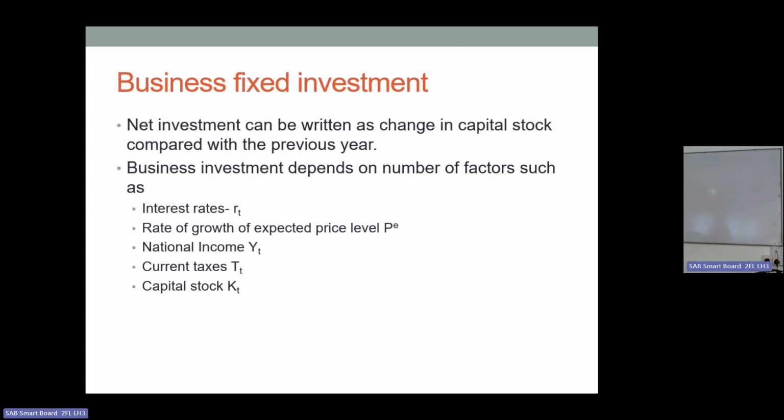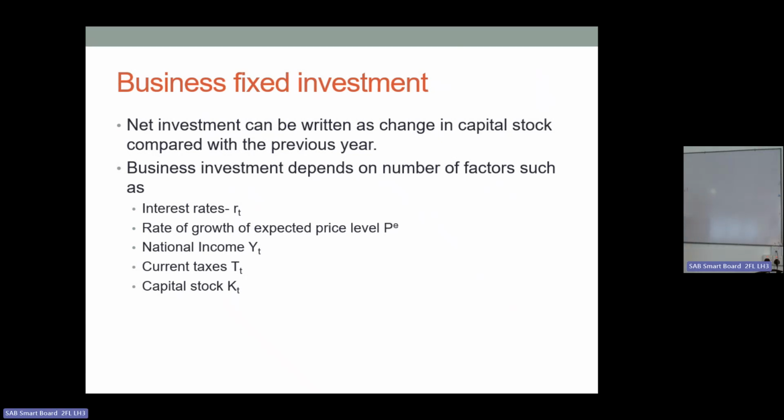So in our supplemental analysis, especially the IS-LM, we assume that investment really depends on the interest rate, right? So our investment function is written as I equals I0 minus I1 r. So this is our investment function.